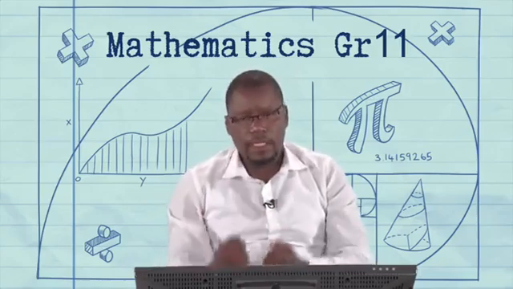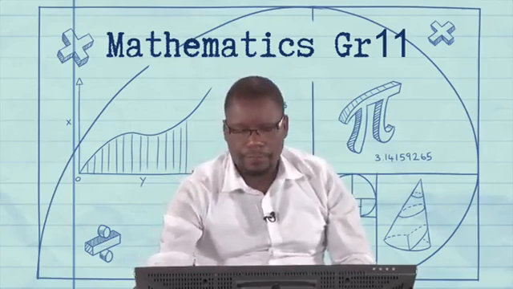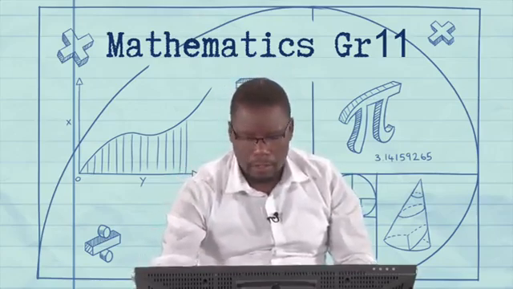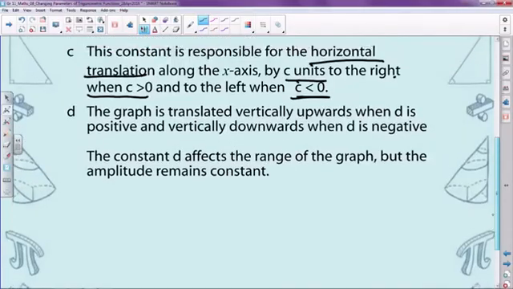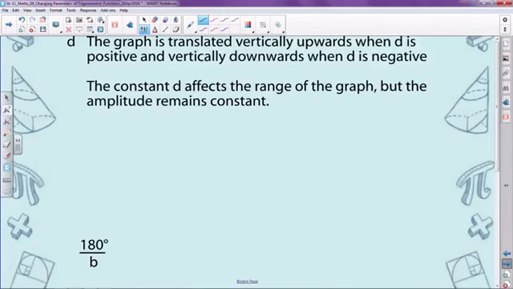If minus 1, take it down 1 unit. Okay. All right. Now, the constant d affects the range of the graph, but the amplitude is going to remain the same. We're going to be looking into that as well.